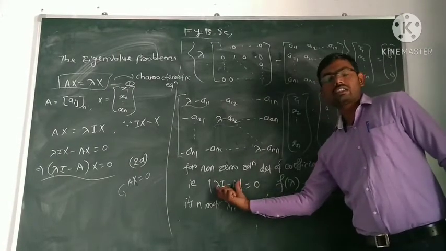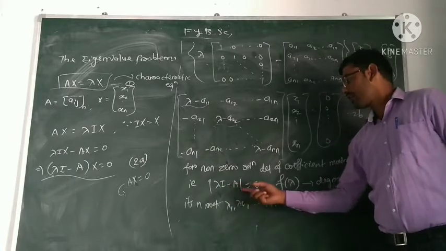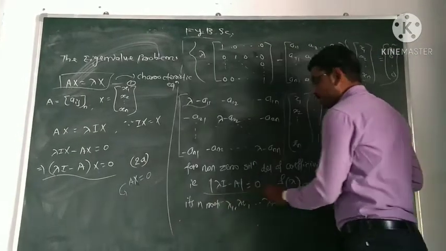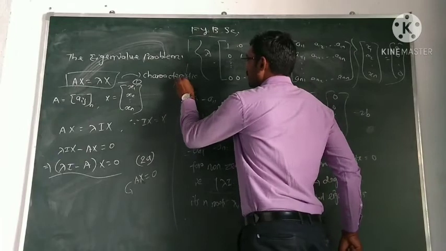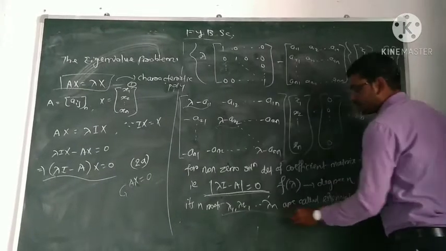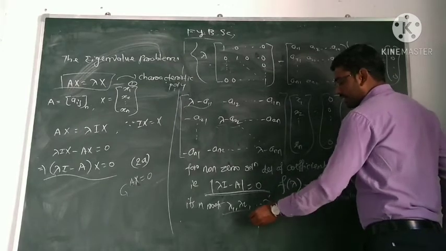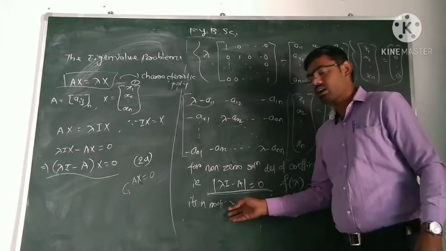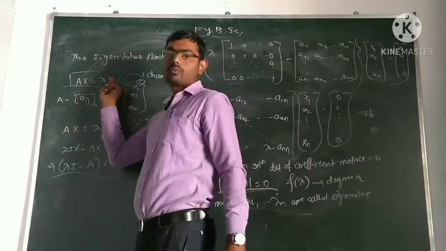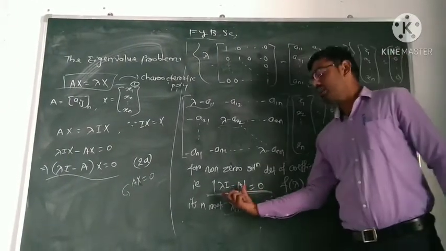The vector x is called the characteristic vector or eigenvector, and these eigenvalues are called characteristic roots. This is the characteristic polynomial, this is the characteristic equation, and this is the characteristic root.